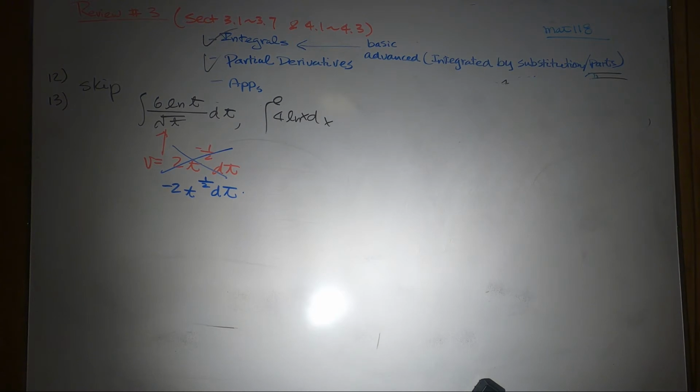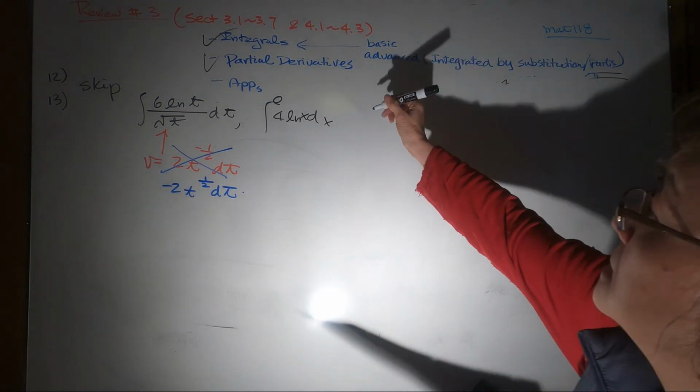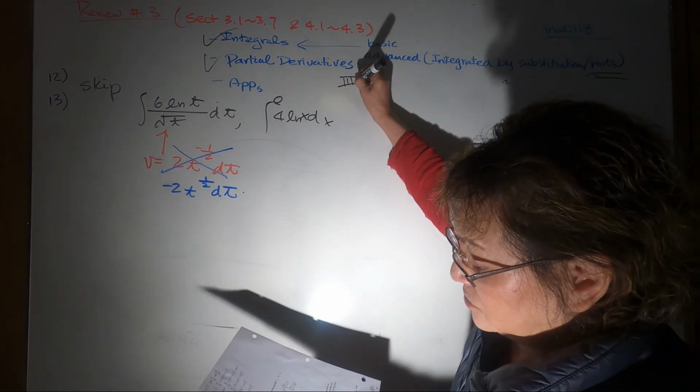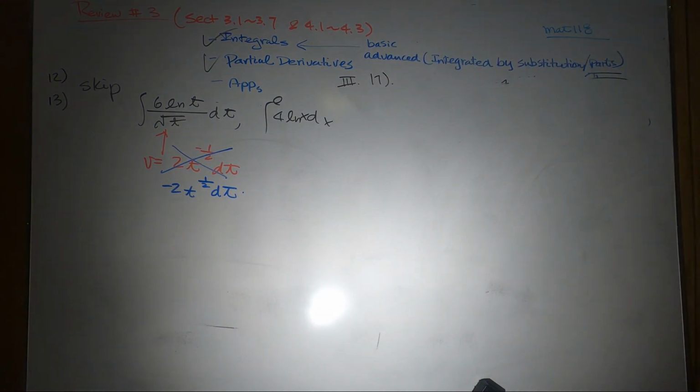Okay? So, let's take a look at some apps. On page 6, let's do number 17. Okay? Business total savings.